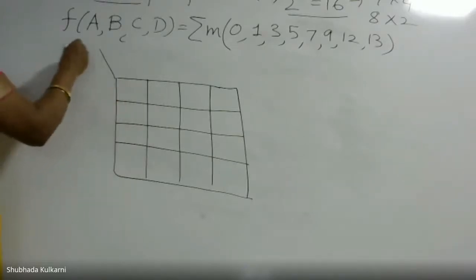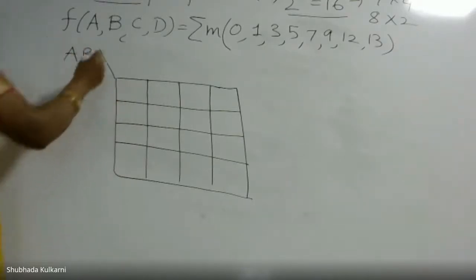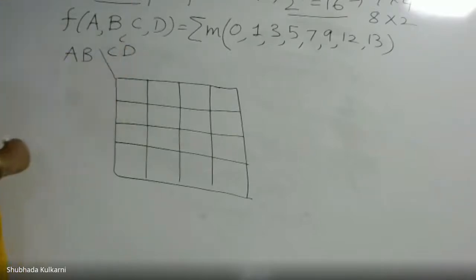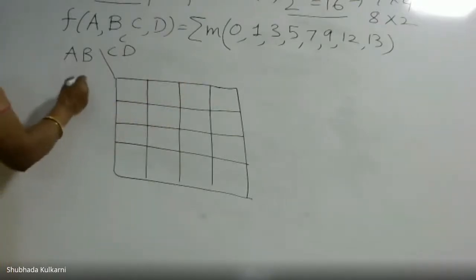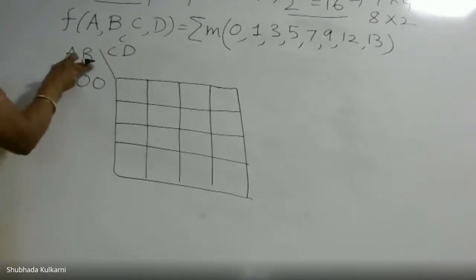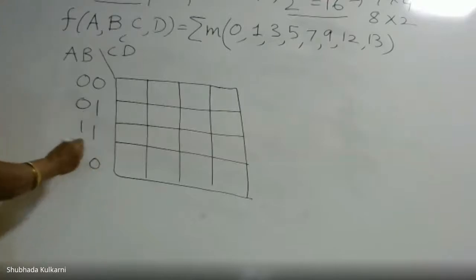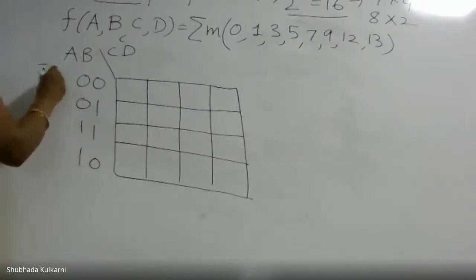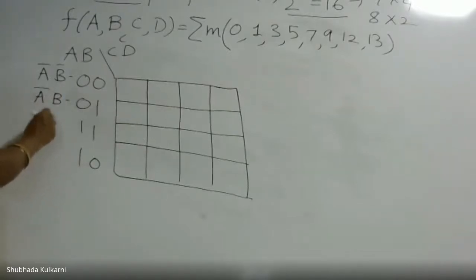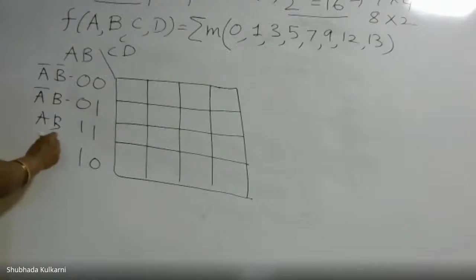If I take AB on the row side and CD on the column side, then your map will have some sequence for numbering the min terms with decimal values. So AB can have 0 0, 0 1, 1 1, 1 0. In terms of expression, it's A bar B bar, A bar B, AB, AB bar. Some books give it in terms of the product term variable value.